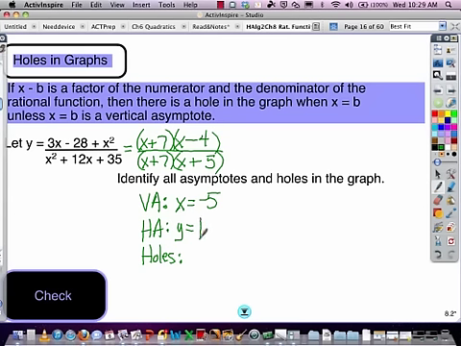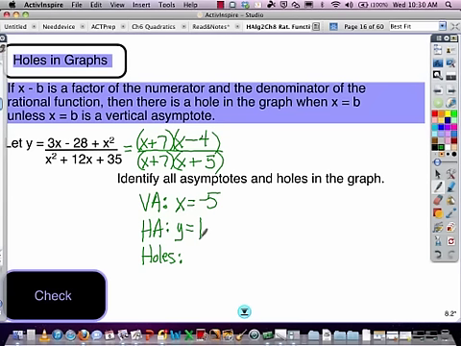And then last but not least, by definition of our hole here, if x minus b is a factor of both, and we do have x plus 7 being a factor of both, but it says there is a hole in the graph when x equals b, unless x equals b is a vertical asymptote.